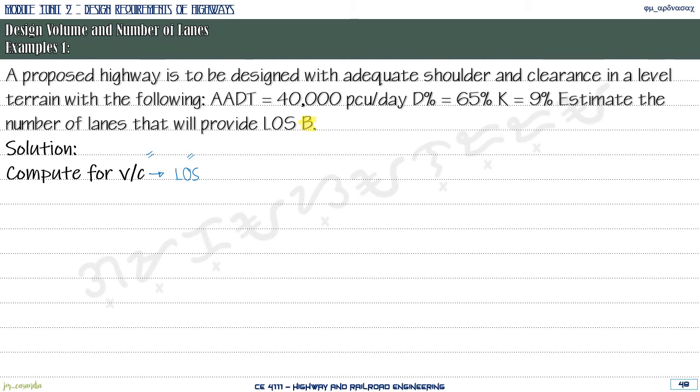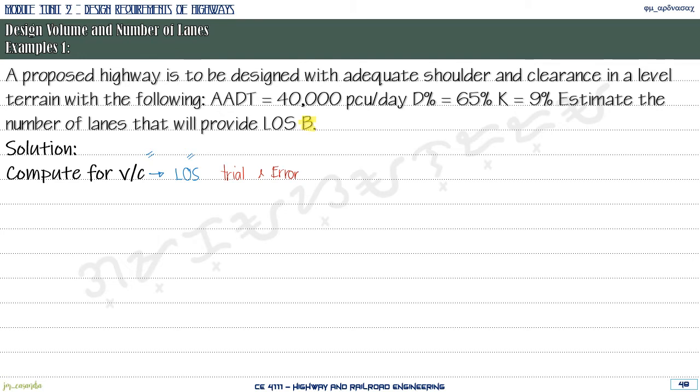So for this problem, we will now apply a trial and error method. Why trial and error method? Because we do not know yet what number of lane will provide this.